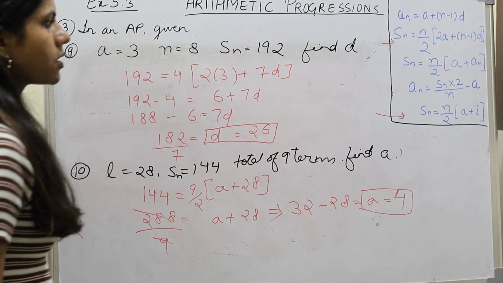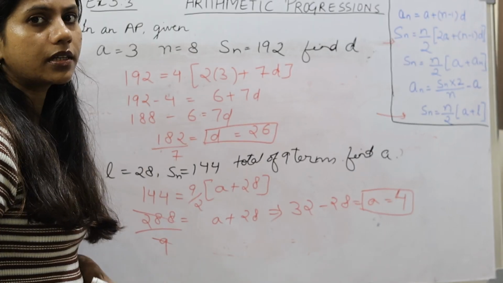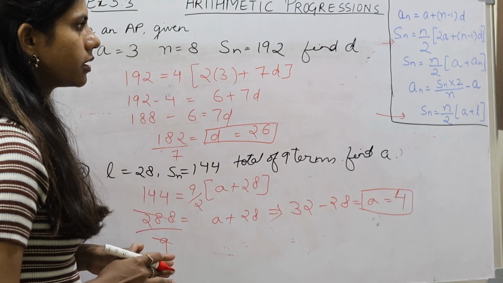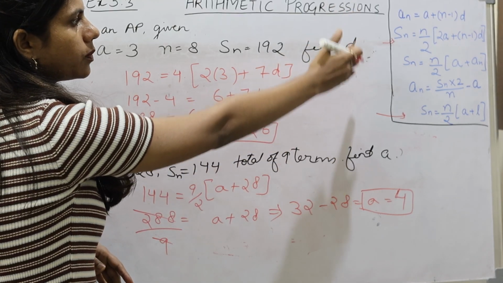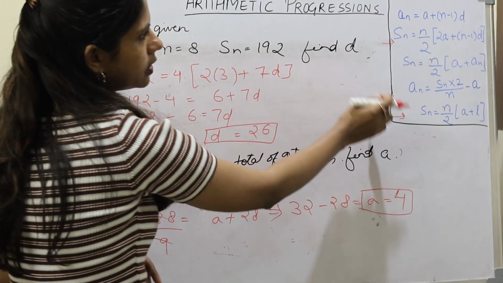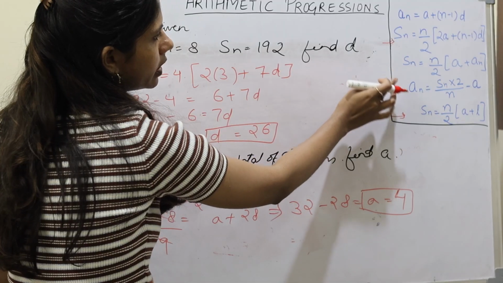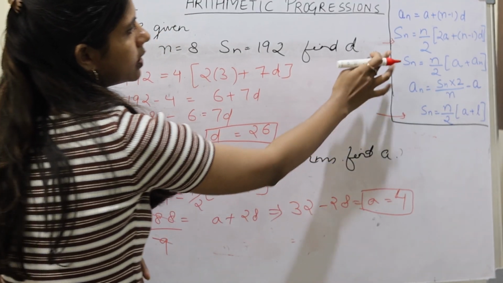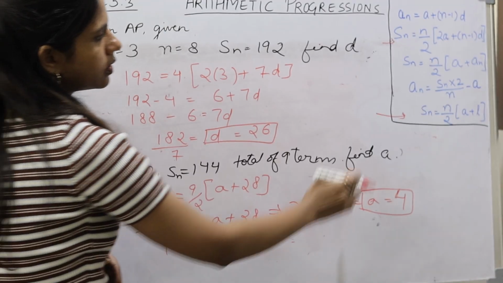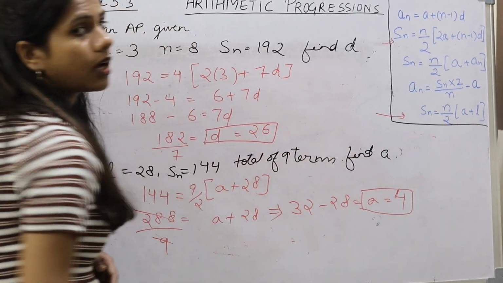Okay, so see, this is the last question. Whenever this kind of question is there, always remember these formulas, mainly this one, and this one can be derived from this one, and this is the one to use when we know the last term.